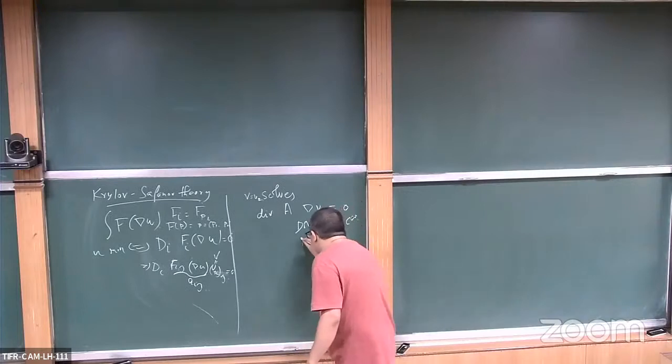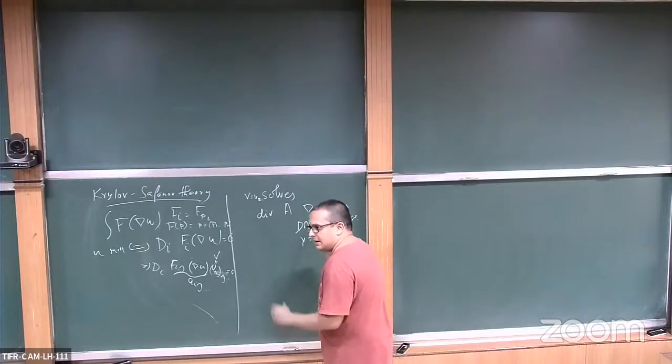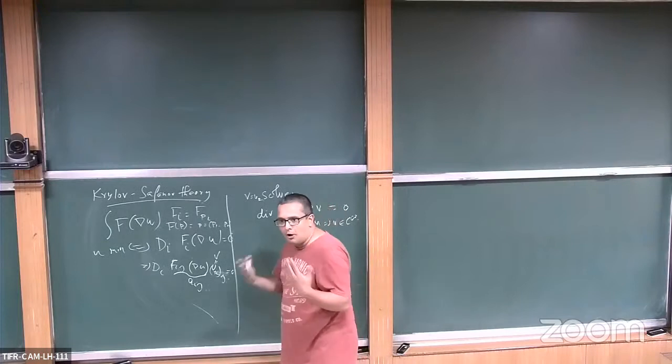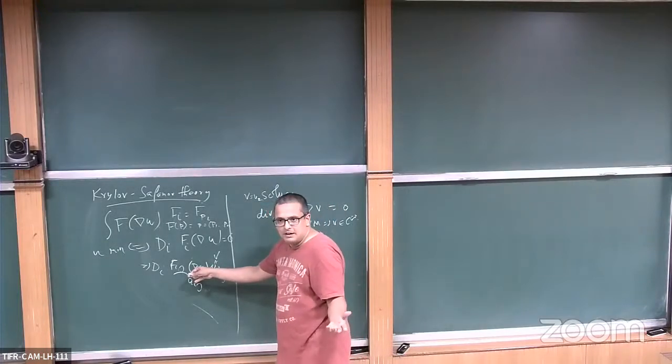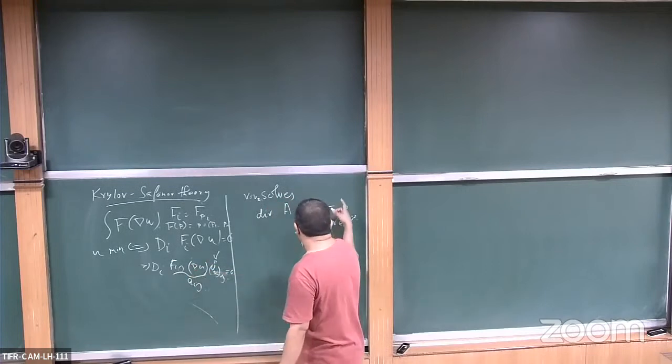What is v? v is u_k, the derivative of u. But then you can do it for all k, and that tells you that this coefficient matrix is C^alpha because f is smooth.